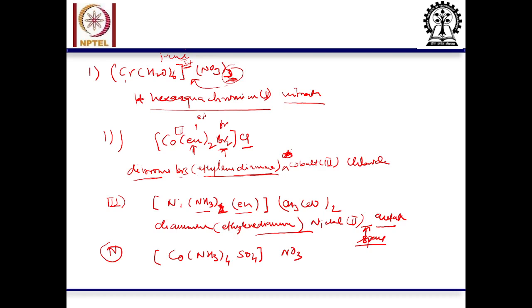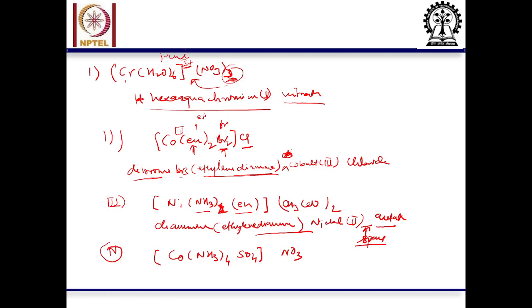Okay, coming to example number 4. But Devendra Malik, I will request not to give a space between the metal and the oxidation state bracket. So you write nickel, then bracket 2, then a space between the cationic part and the anionic part.